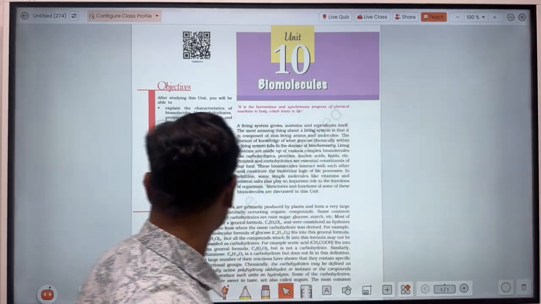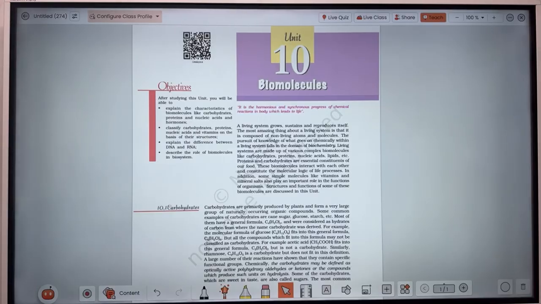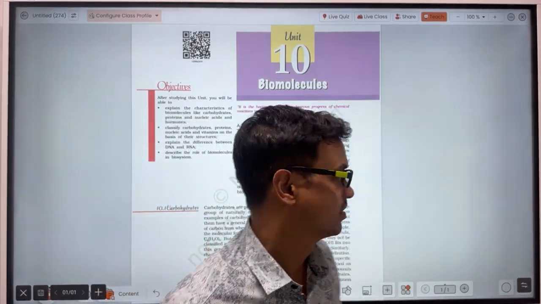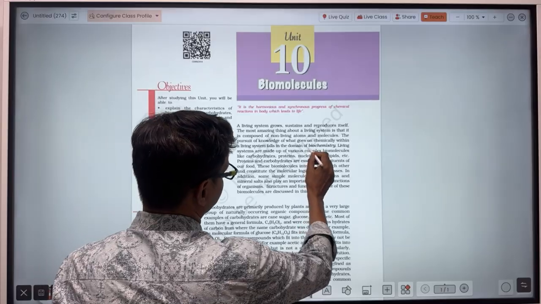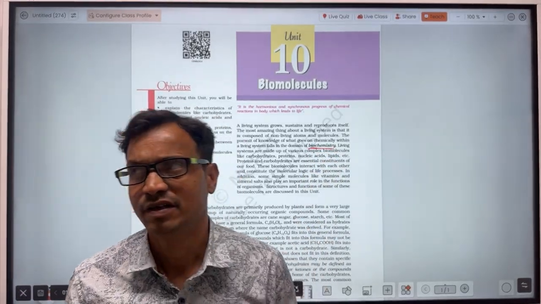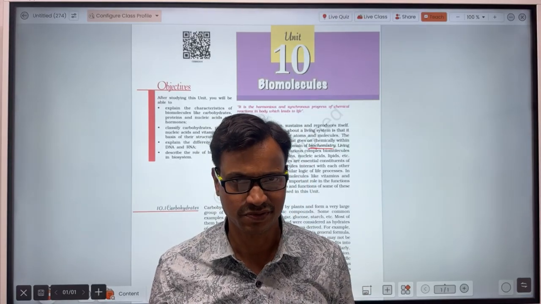So let's see carbohydrate first. In the examination, the question will not ask what biomolecules are. Here in biochemistry, we study the biomolecules. Biochemistry is the branch of chemistry which discusses the biomolecules.